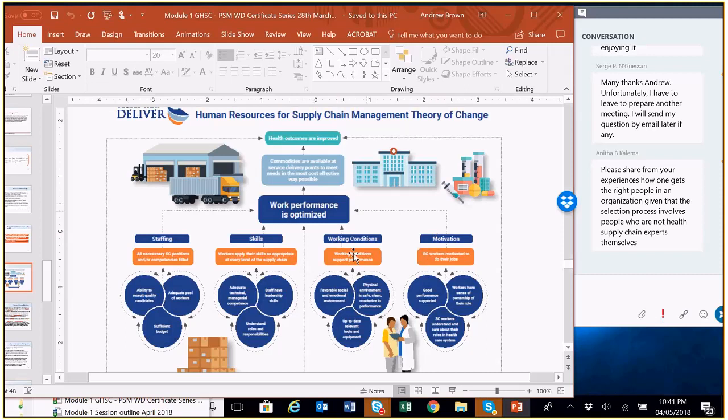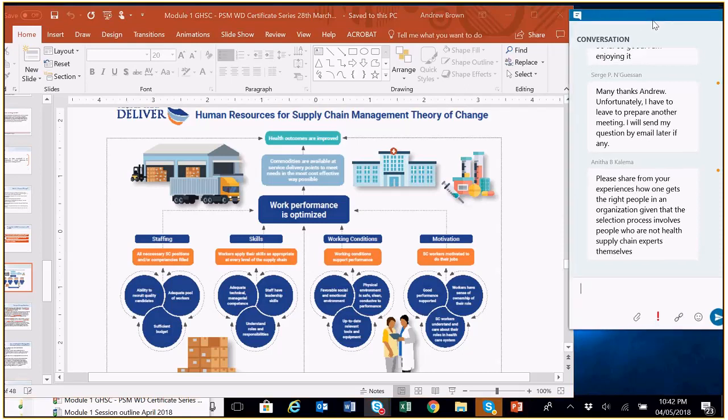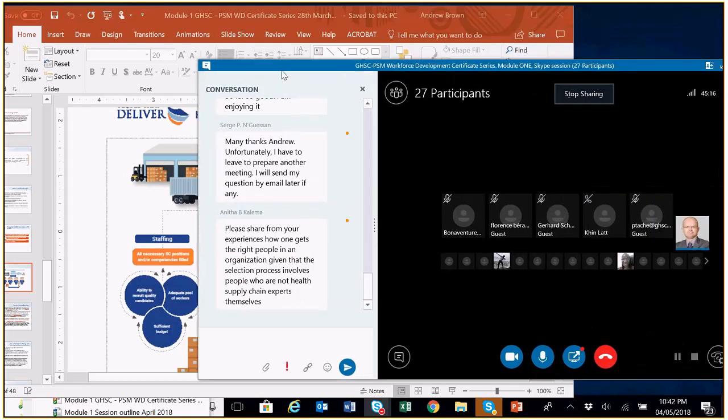These are the 4 streams or the 4 arms of the theory of change. Now, the orange is what we're trying to achieve there. So for staffing to work well, you need all necessary supply chain positions and all competencies filled. For skills, workers need to be able to apply their skills as appropriate at every level of the supply chain.